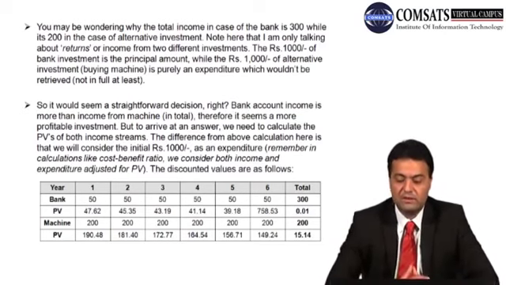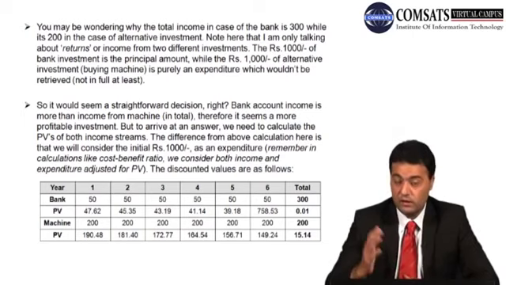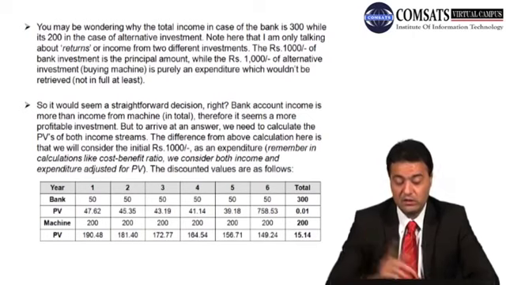So let's calculate the present values. The difference from the above calculation here is that we will consider the initial rupees 1000 as an expenditure. Remember, in calculations like cost and benefit ratio, we consider both income and expenditure adjusted for the present value.